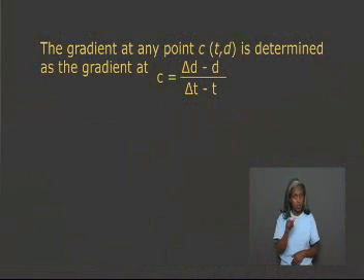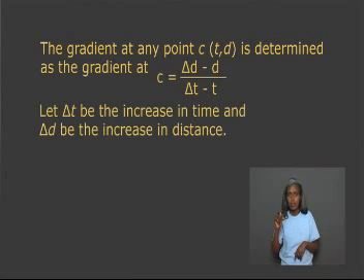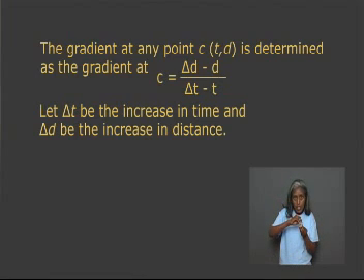Now we must approximate the gradient by using what we have discovered, that D equals T plus 4 times 3 minus T. Note that the gradient at any point C is determined as the gradient at C equals delta D over delta T. Let delta T be the increase in time and delta D be the increase in distance.